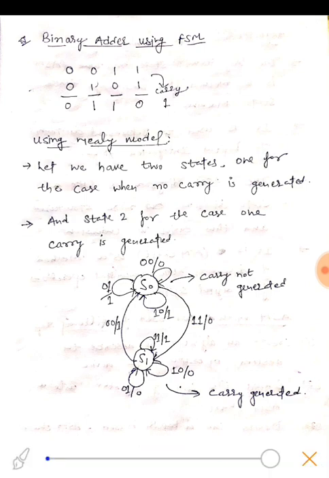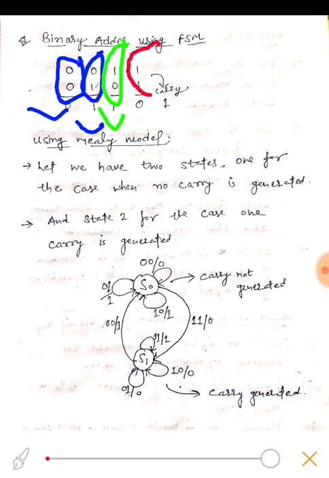So here let's start. In a binary adder, we can have inputs 0 0, so the sum would be 0. If it is 0 1, the sum would be 1, or if it is 1 0, the output would be 1. And the last one is, if both the bits are 1 1, the addition would give us a 0 and a carry.